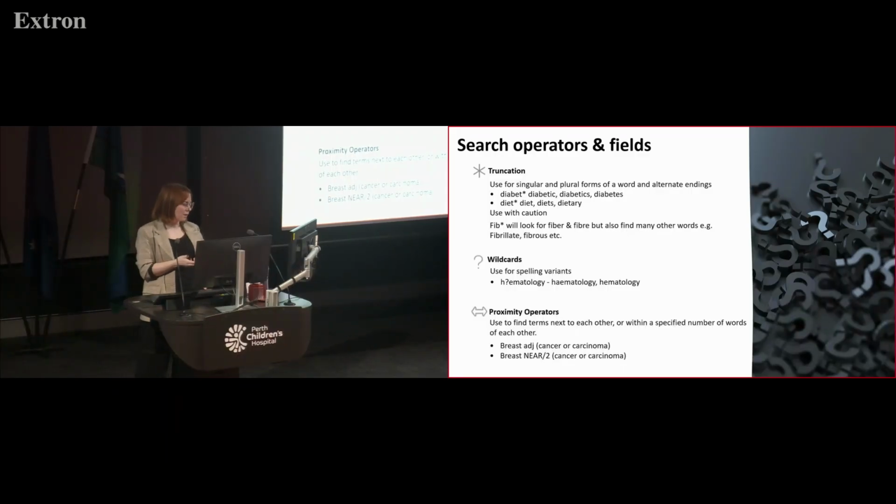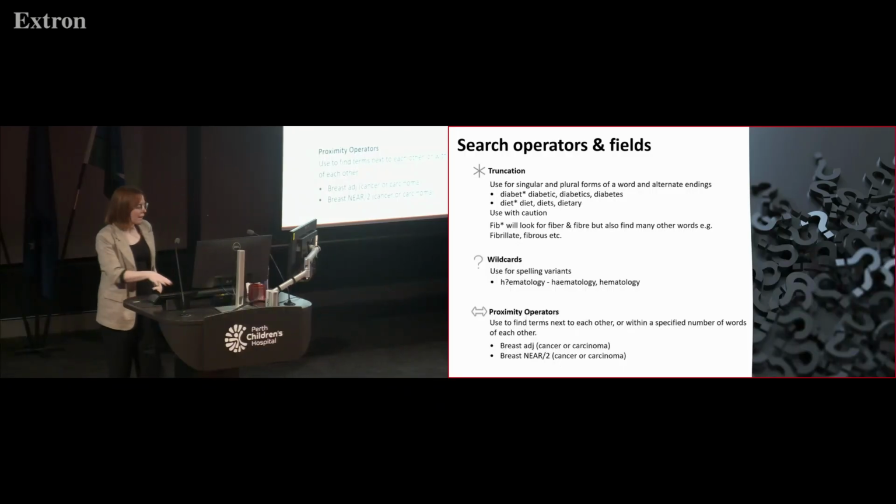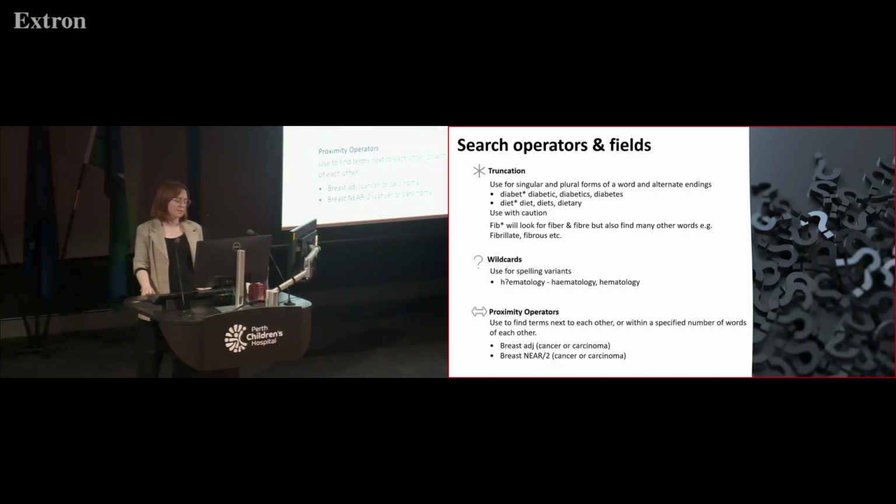So the example here, we've got breast cancer or breast carcinoma. Instead of writing those out, you can tell the database to find breast next to carcinoma or next to cancer. I've got two examples there. One is from Medline, on the Ovid platform, so it's the ADJ, and that's again just saying find it next to.